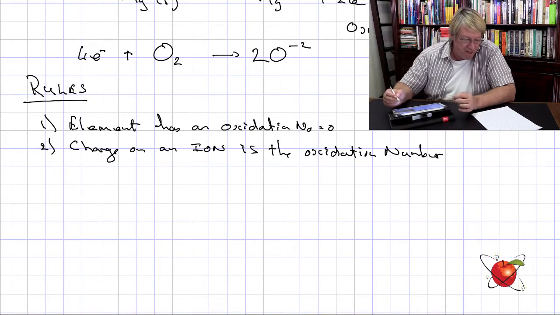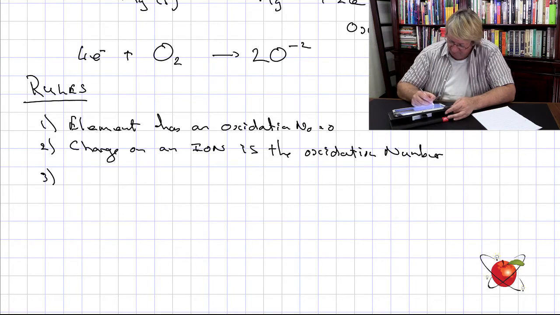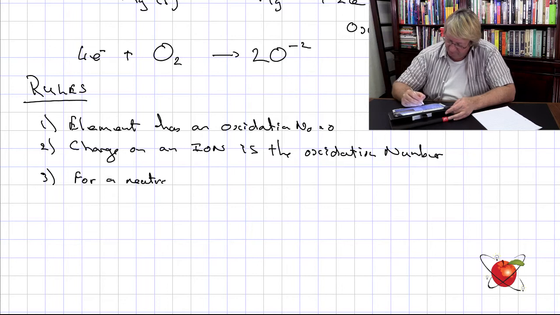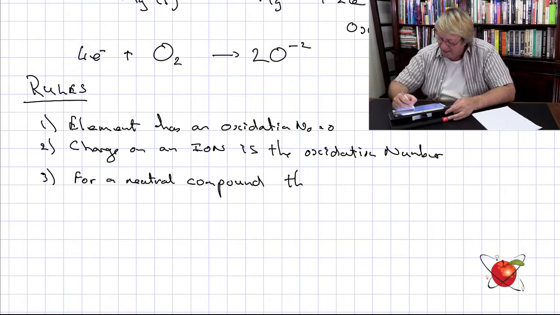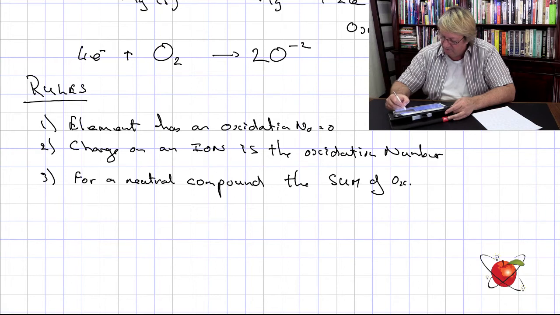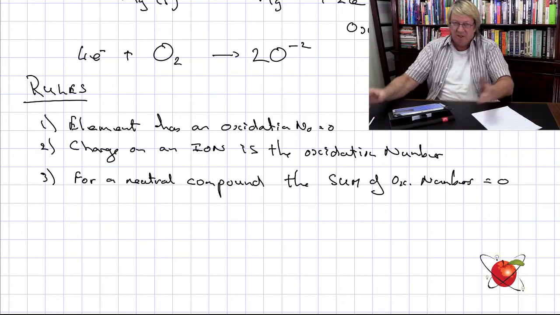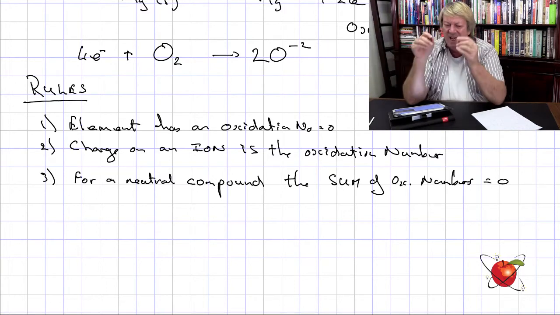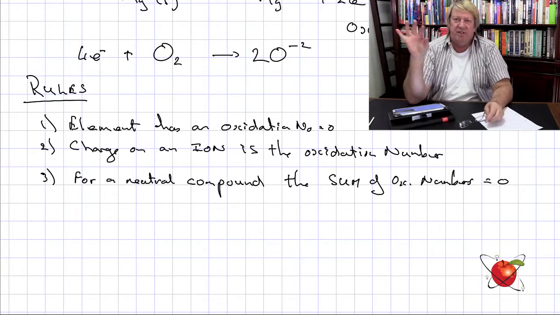And for a neutral compound, the sum of the oxidation numbers is equal to 0, because it doesn't have a charge on it. It sounds way more difficult than it is.